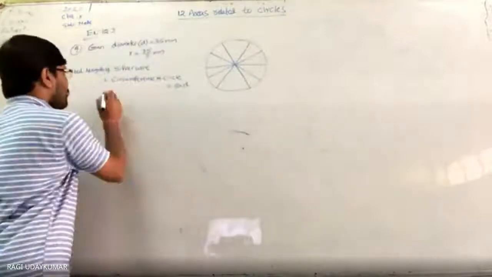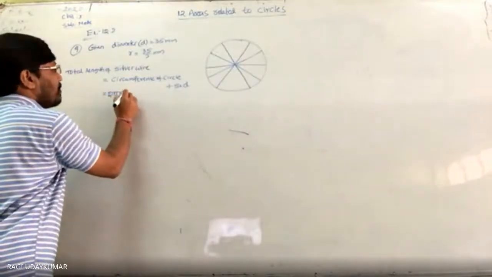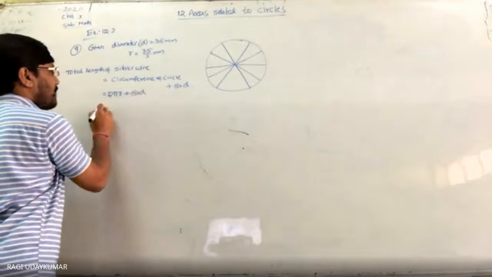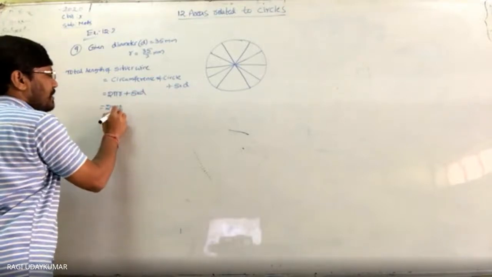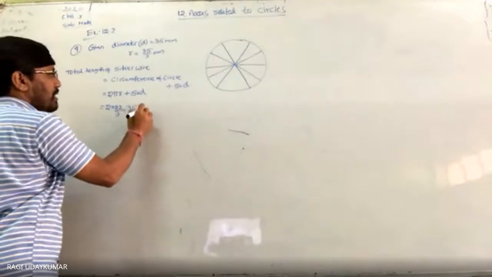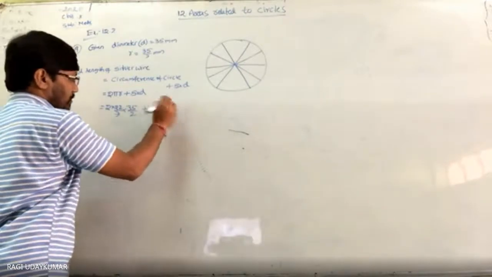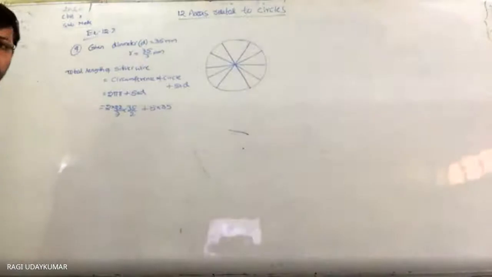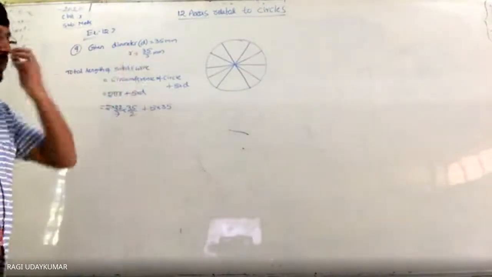So circumference of the circle formula 2 pi r plus 5 into d diameter. So 2 into 22 by 7 into radius is 35 by 2 plus 5 into 35. Diameter 5 times diameter. Okay.